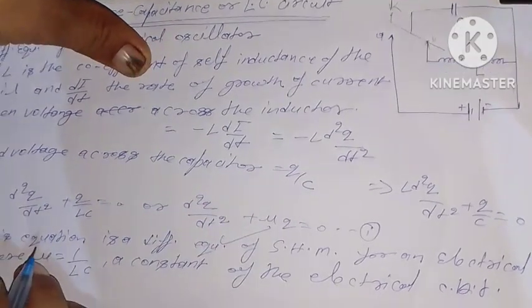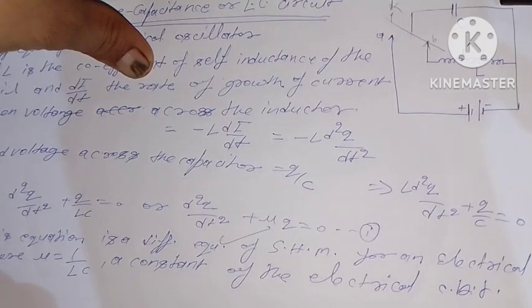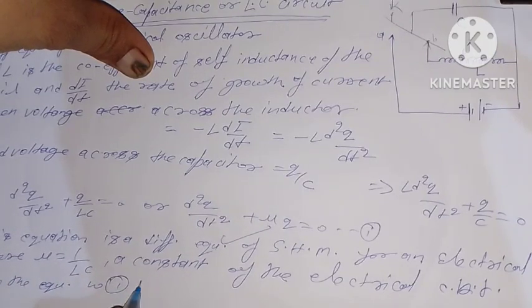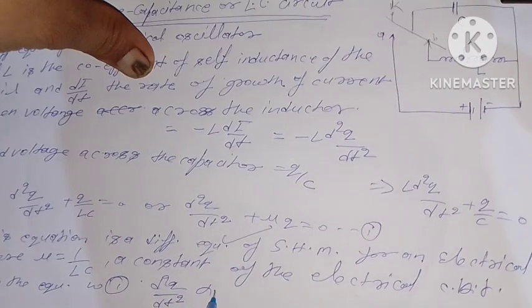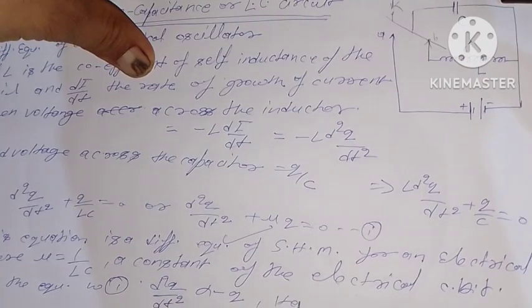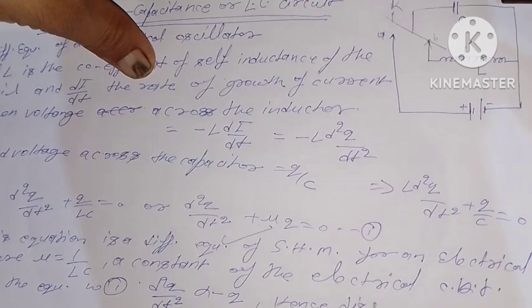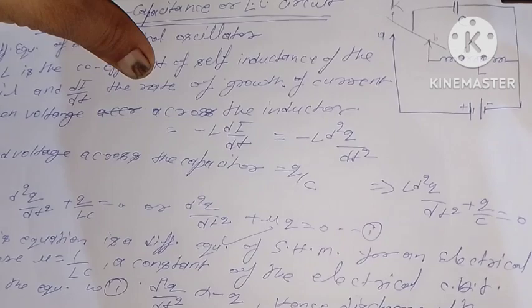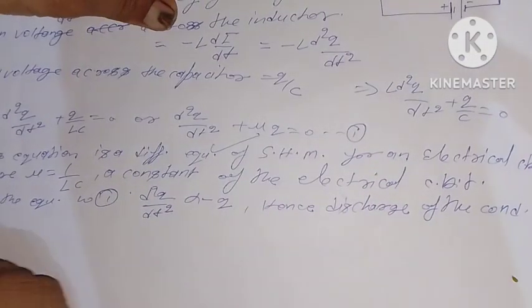From equation number 1, d²Q/dt² is proportional to minus Q. Hence, the discharge of the condenser is oscillatory.